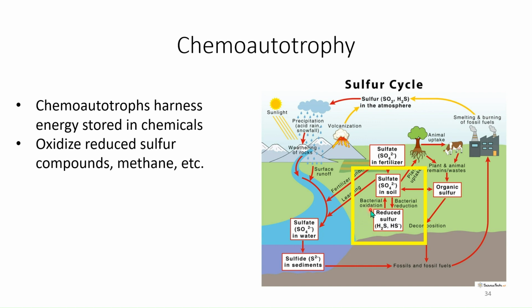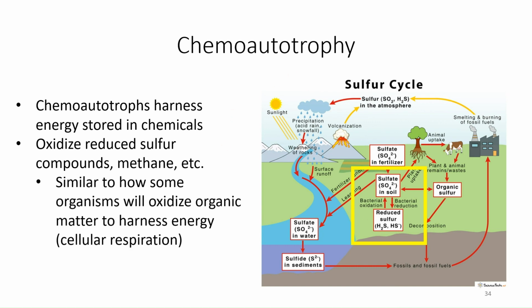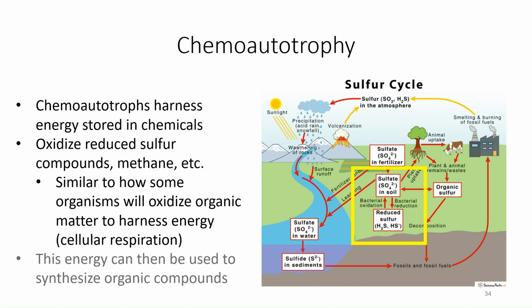We can oxidize those to release energy, and we can harvest that energy to do work. This is very similar to how organisms oxidize organic matter to harness energy, which is cellular respiration. Then this energy can be used to do whatever the cell wants, such as synthesize organic compounds from carbon dioxide, or autotrophy. And that's where we get the name chemoautotrophy.